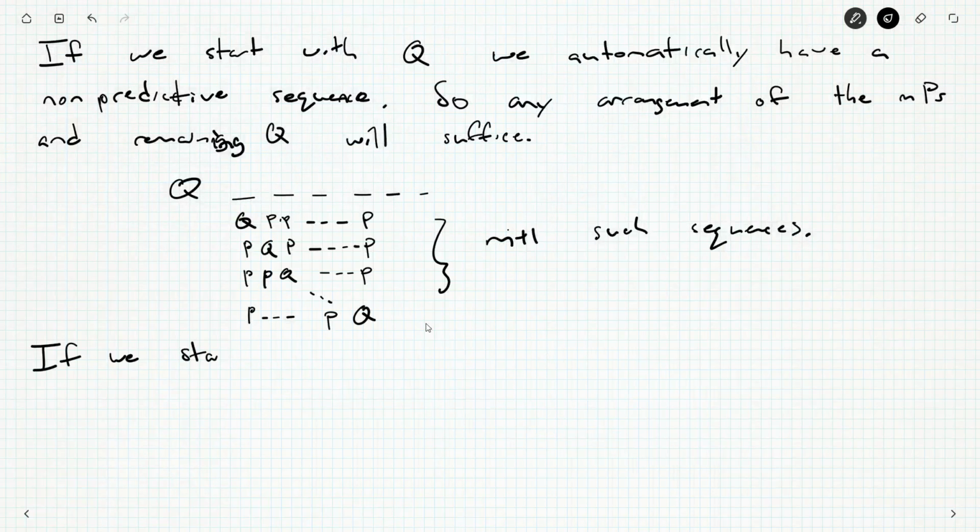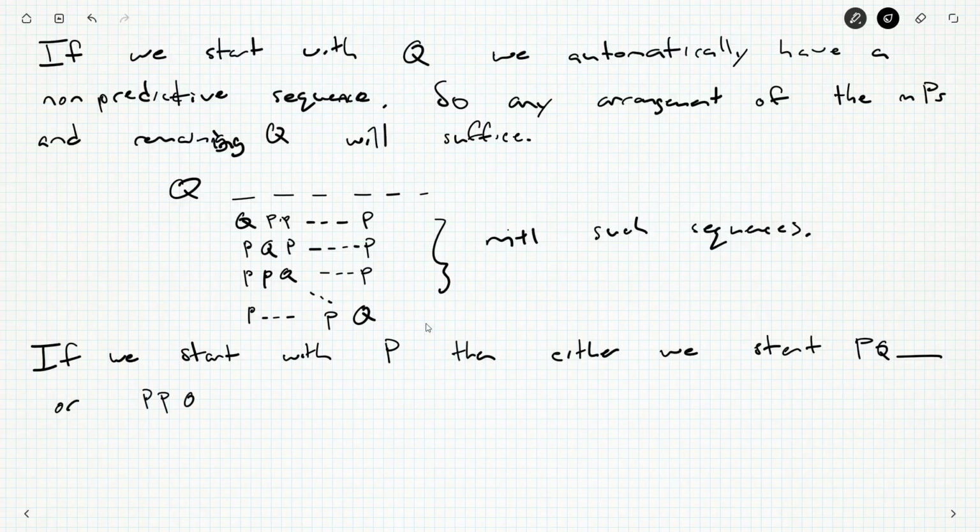If we start with P, then either we start PQ blah or PPQQ blah, as there are only 2 Qs. Okay, so these guys don't share any sort of start, so there's no overlap. So we just need to count these numbers.